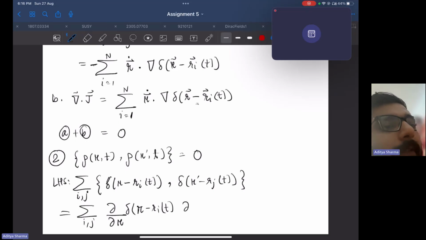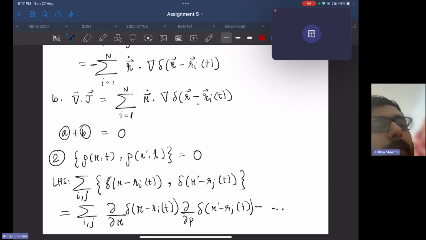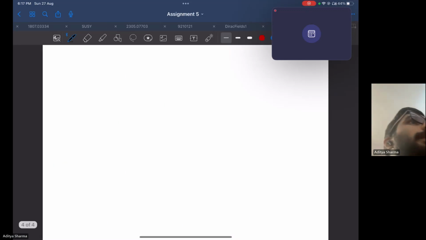The other part will make this Dirac delta go away, similarly in the minus part. Since there is no p variable, this is equal to 0. So that's how we do it.